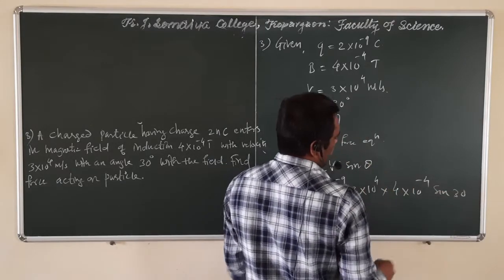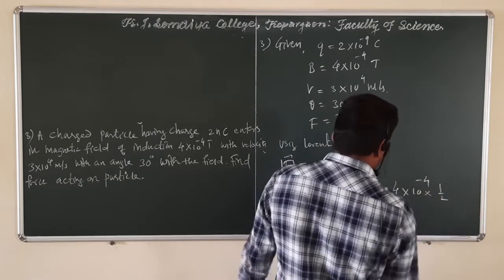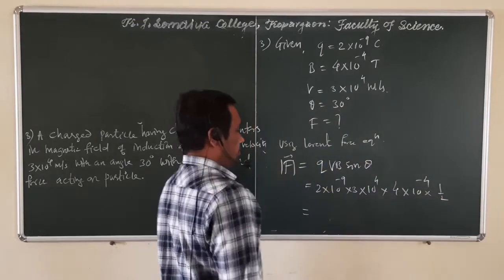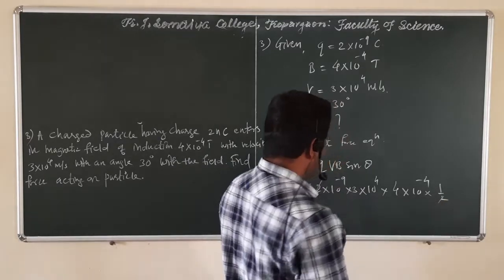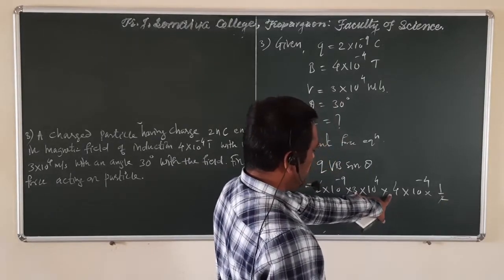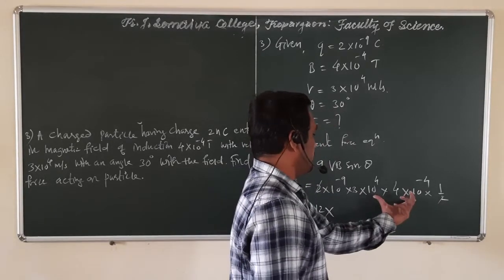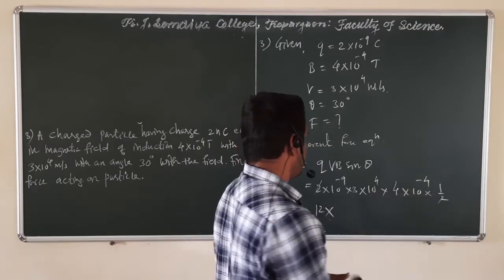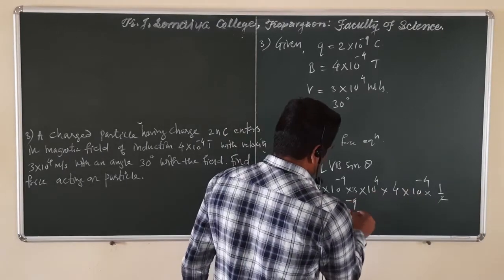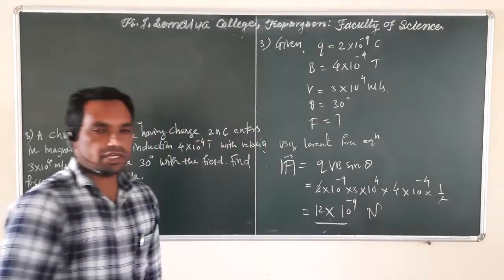Here we know that sine 30 is 1 half, so this is equal to, this 1 half will cancel with this 2, so 3 into 4, which is 12, multiplied by 10 raised to 4 and 10 raised to minus 4 will cancel, so 10 raised to minus 9 Newton. So this much is the force acting on the charged particle.